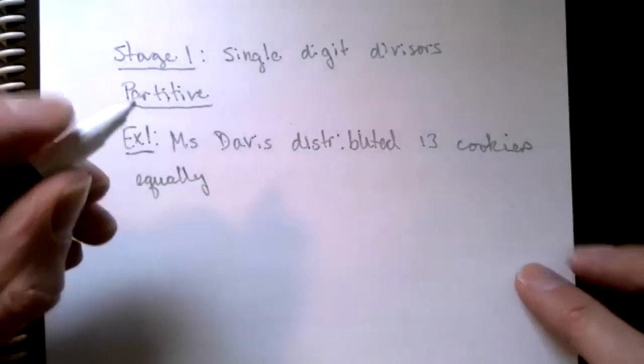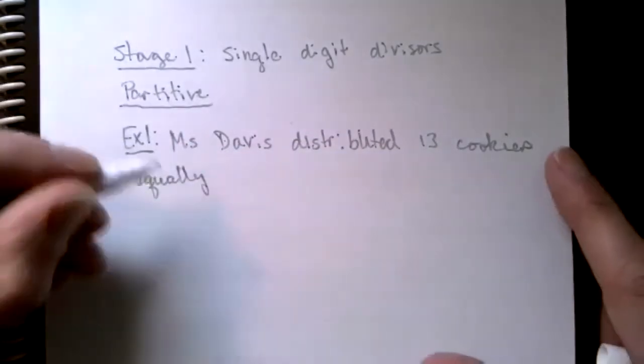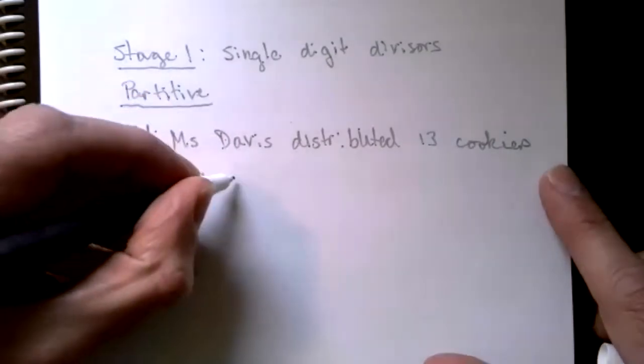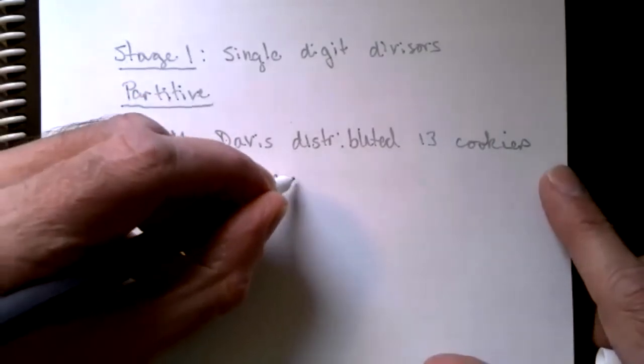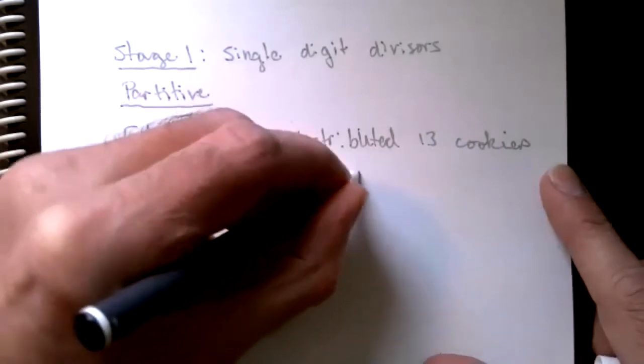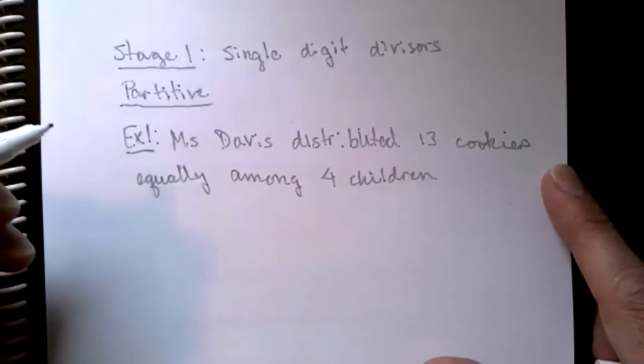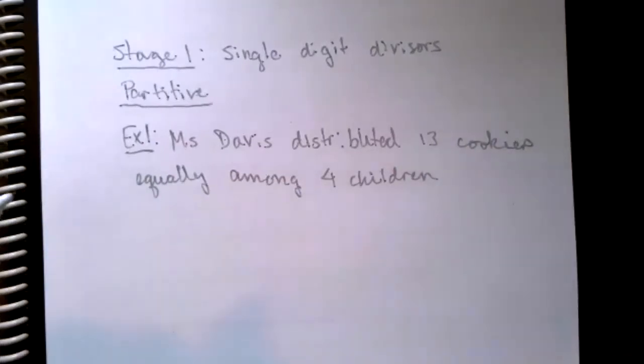Okay, so let's say we have this little word problem here. Miss Davis distributed 13 cookies equally among 4 children.